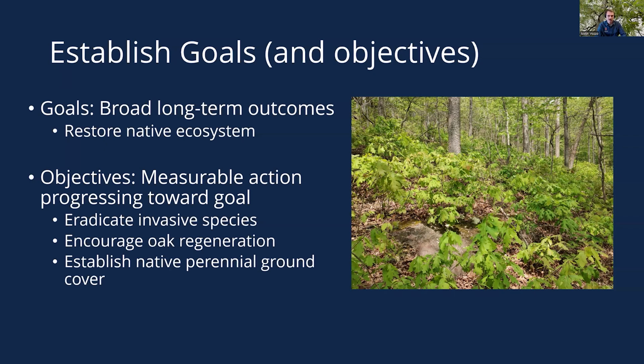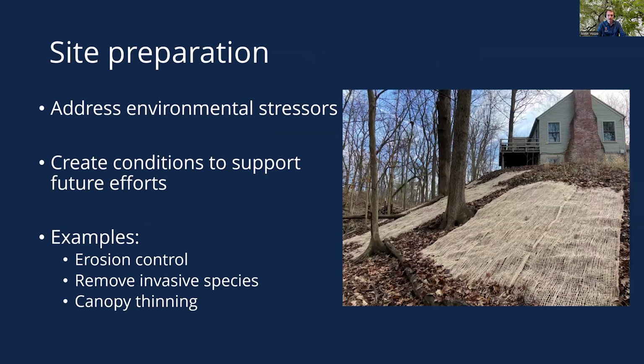And so we need more specific objectives, which we can measure and then use to gauge our progress towards those goals. And so things like eradicating those invasive species, encouraging oak regeneration, and establishing native ground cover might all be part of our objectives. And then those are more specific objectives that we can use to directly inform our on the ground management.